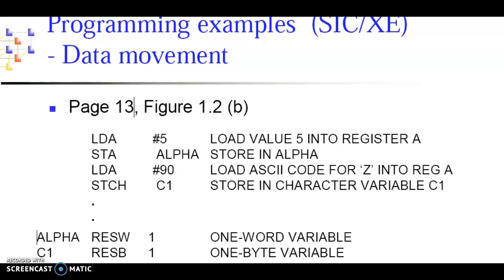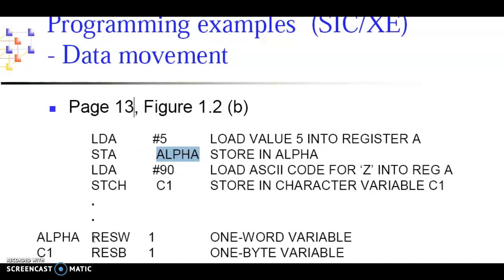So 5 is a constant value which will be stored to the accumulator first. That is LDA. LDA helps in storing the constant value 5 to the accumulator, and then from the accumulator, using the instruction STA, it stores the value to alpha.